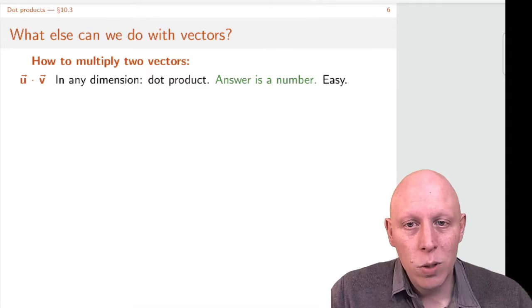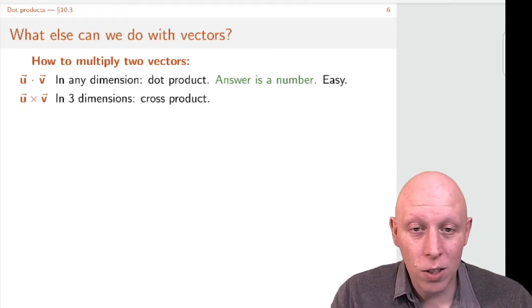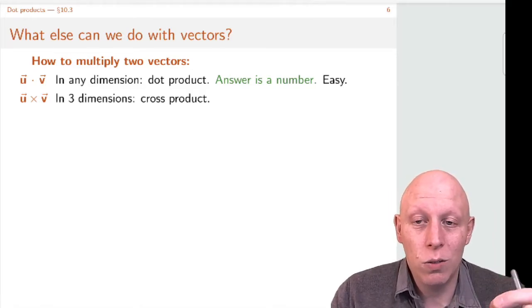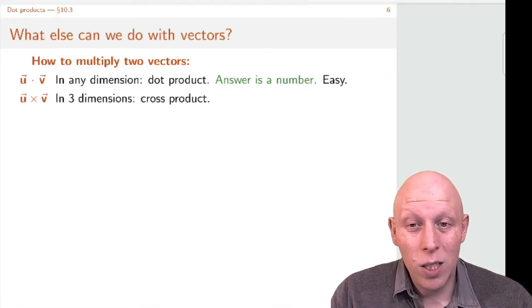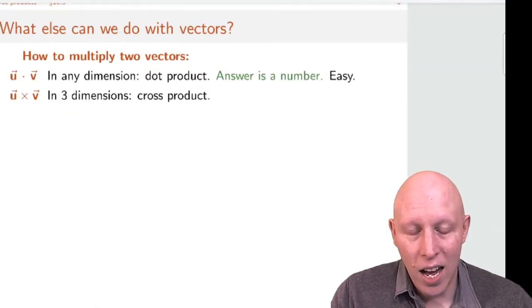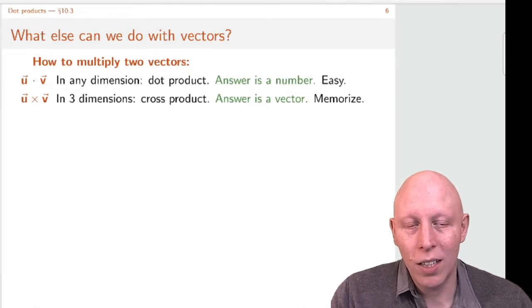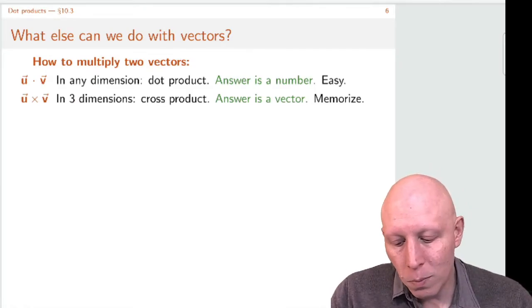There's one other way to multiply vectors together, and that's called the cross product. That only works if vectors u and v are both in 3 dimensions. When we take the cross product of two vectors, the answer is a vector instead of a number. And it's not nearly as easy. It's something that you're going to have to memorize. And we'll talk about that in a later video.